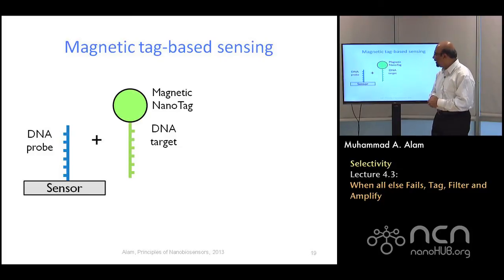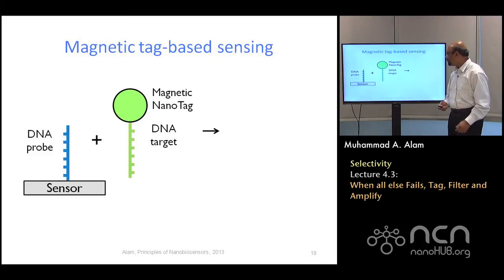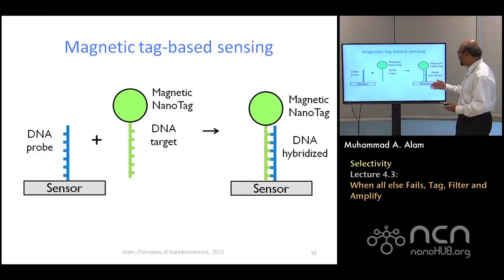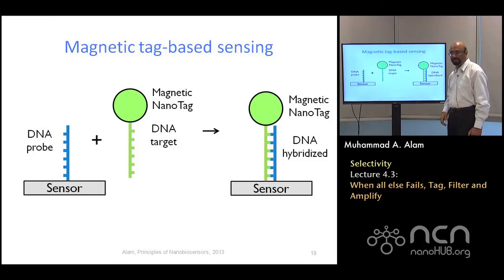Now, after binding, there will be this green magnetic nanoparticle sitting very close to the sensor. Now, this sensor could be a spin-based sensor or some other sensor which can detect the presence of a magnetic particle.